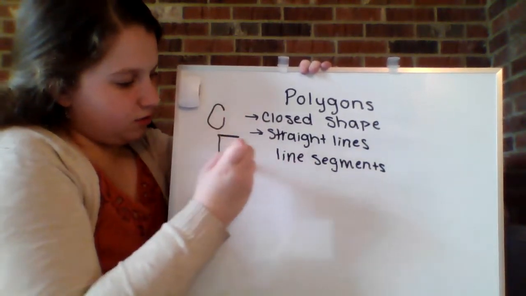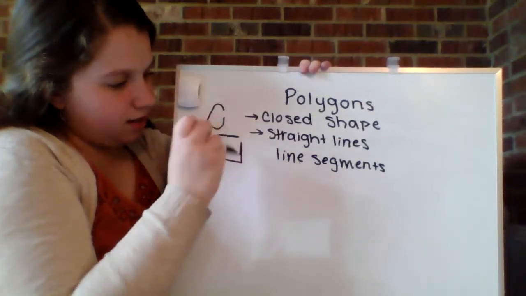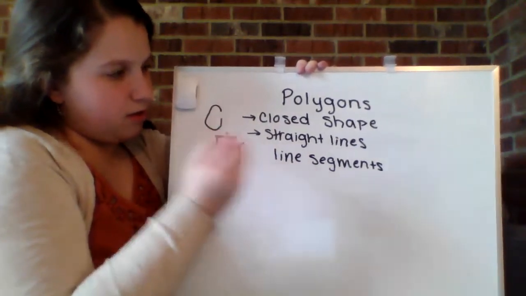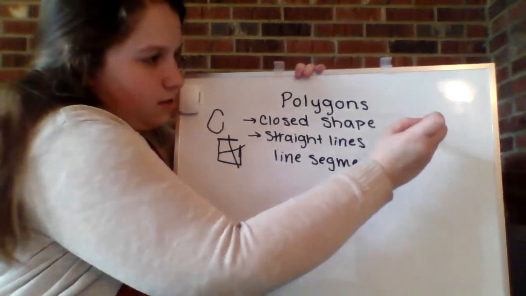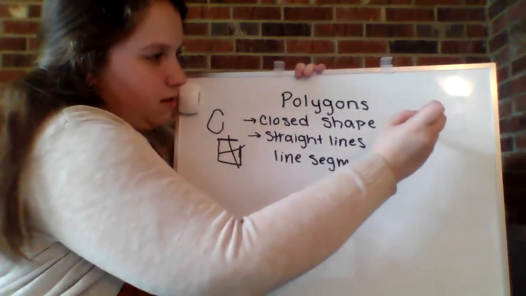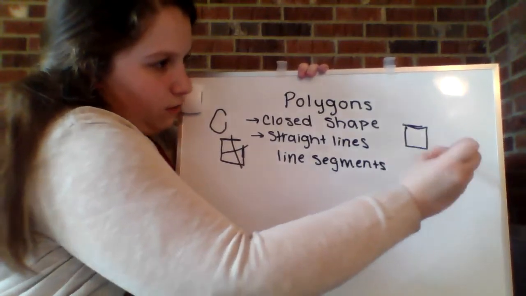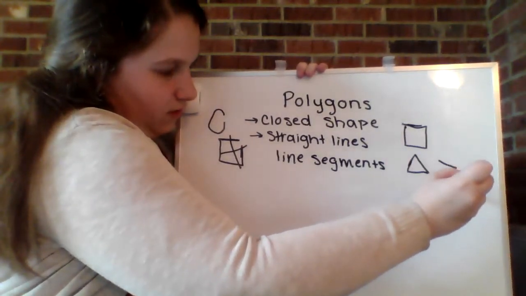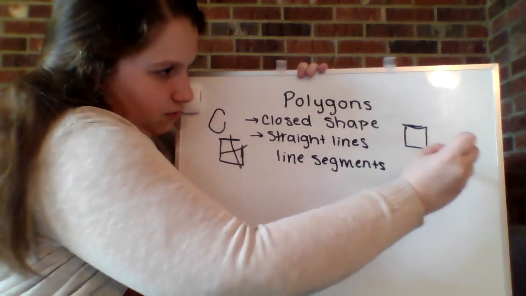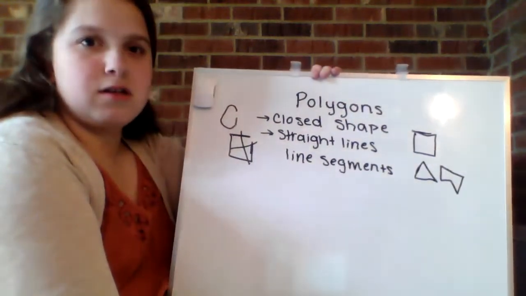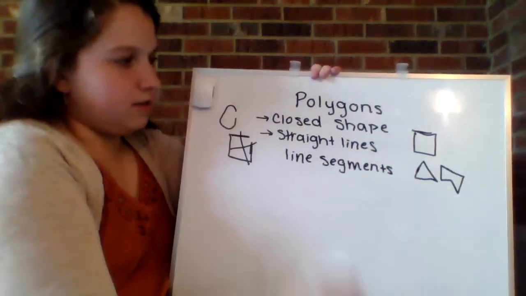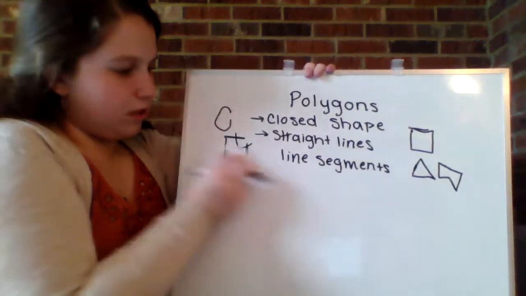If we had straight lines but it still didn't connect, this still wouldn't be a polygon. Our polygons are things like this, or like this, or maybe it's a more funky shape but it's still closed, and is created with line segments and straight lines.